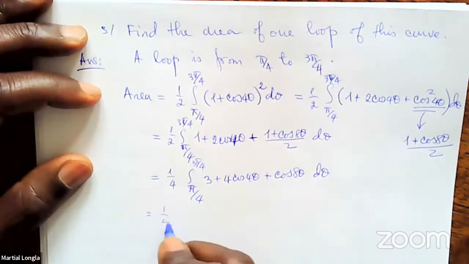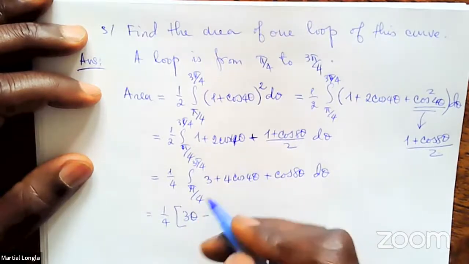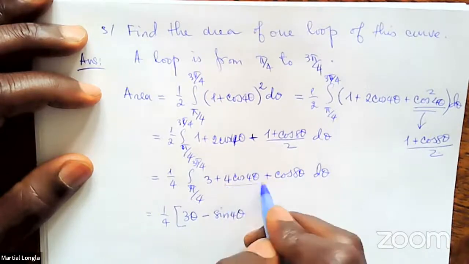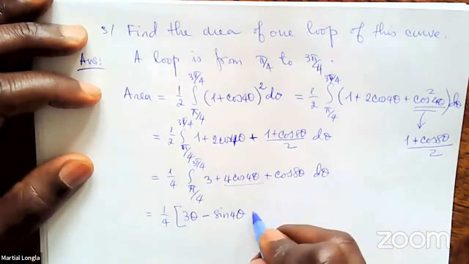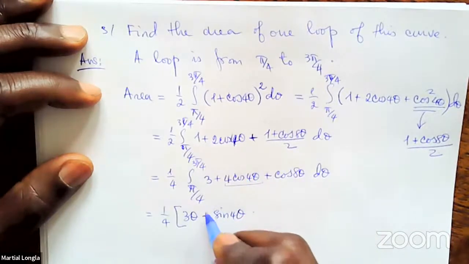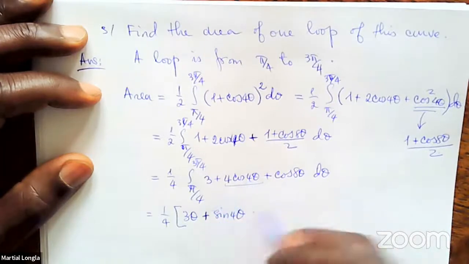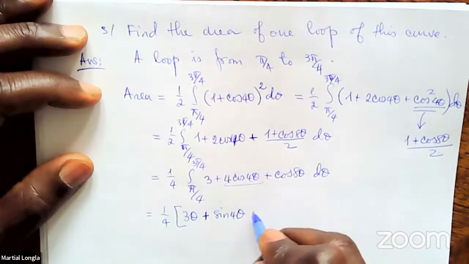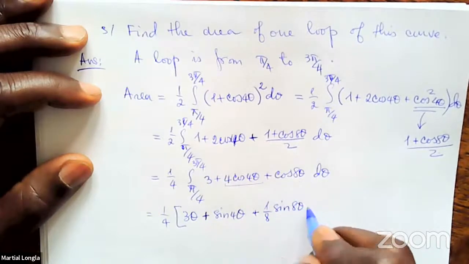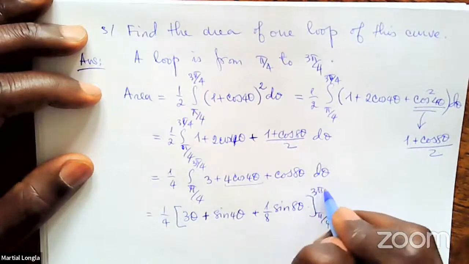So 1/4 of 3 theta minus sine 4 theta when you integrate this. Well, that's plus, right? Because we are integrating. When you integrate this, you get sine 4 theta. When you integrate that, you get 1/8 sine of 8 theta. And then you plug in pi over 4, 3 pi over 4.